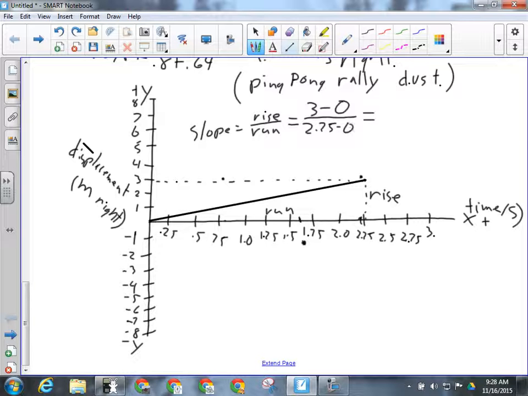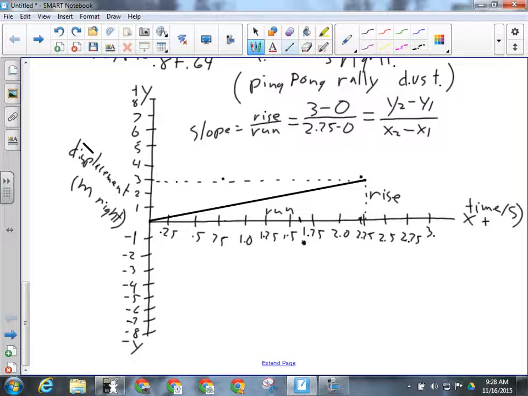Okay, in other words, I'm doing this. I took two points that were on my line, and I took their y values and their x values. I subtracted them, and then I divided them.